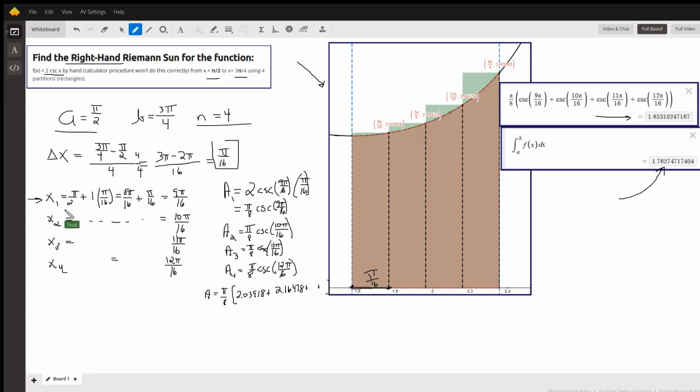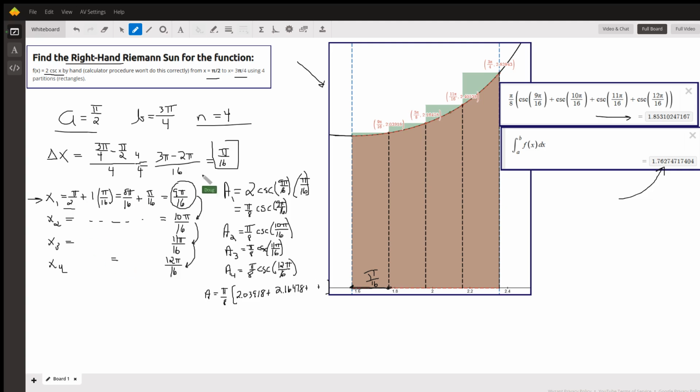Start at the left-hand endpoint, which is pi over 2, add on 1 width, and that's our first x sub 1 right there, 9 pi over 16. And you could go through x sub 2 is pi over 2 plus 2 widths, or you could say I'm just going to add pi over 16 to the previous x sub i to get the next x sub i.